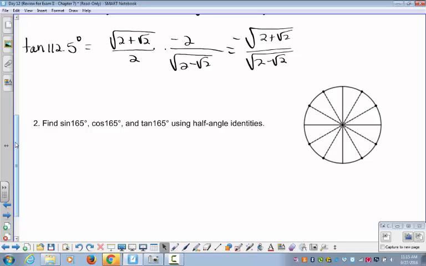Yes. This should be positive, though. Sine is positive in quadrant 2. This one is negative. Cosine of 225 is negative. So it's a negative.